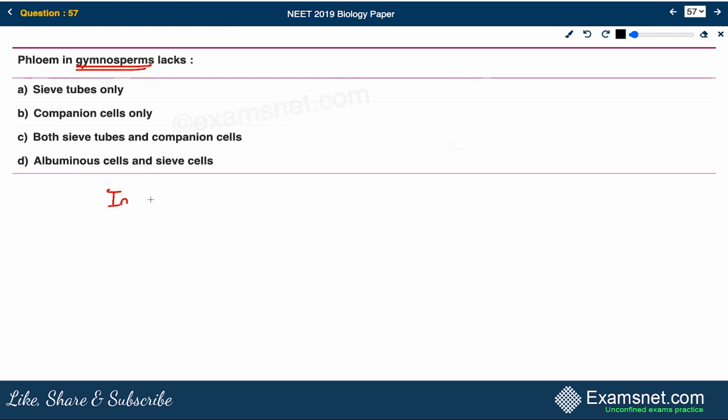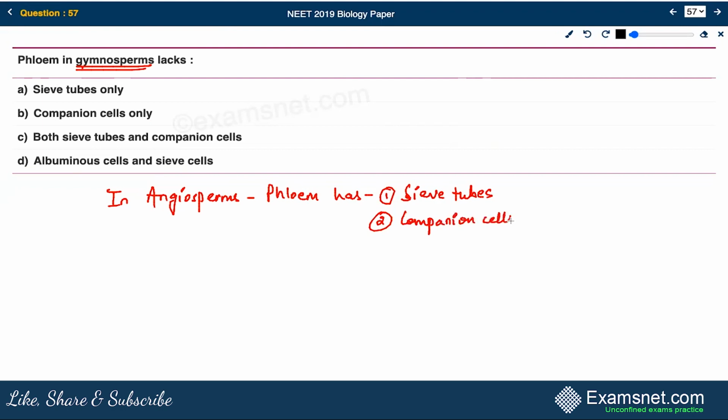So basically, let me tell you that in angiosperms, phloem has sieve tubes, then companion cells, phloem fiber, and phloem parenchyma. These are the constituents of phloem in the case of angiosperms.